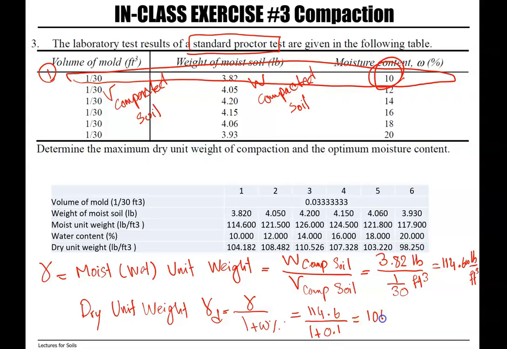That will give us, so that's trial number 1. You need to repeat that for trial number 2, 3, 4, 5, and 6 to complete your table.